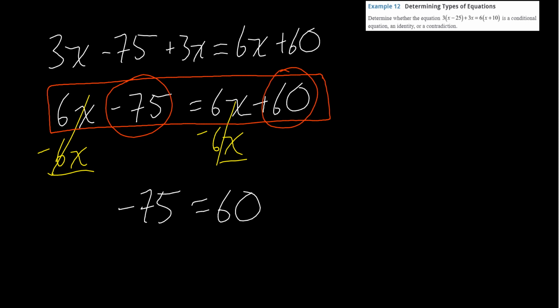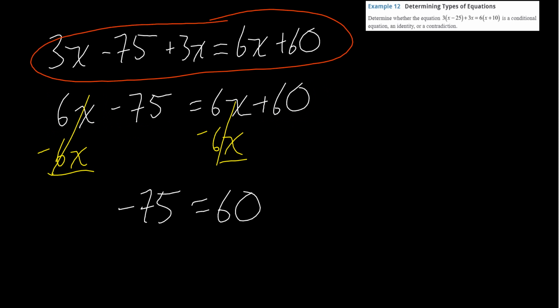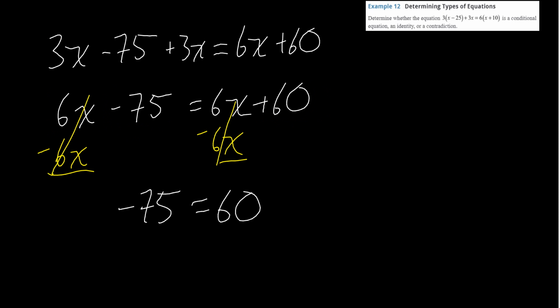They're completely different, whatever operation you're doing after you multiply by 6. So that's how we can tell that yes, this is indeed a contradiction. This equation should never exist, right? Because there's just no solution to it. There's nothing that you could ever plug in that would make that equation work. That's an example of a contradiction.